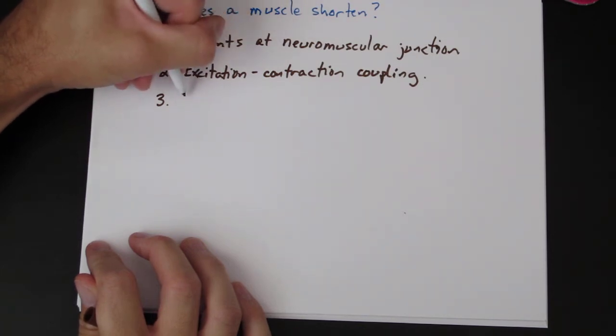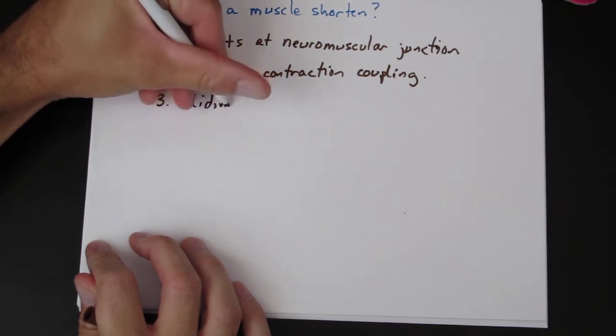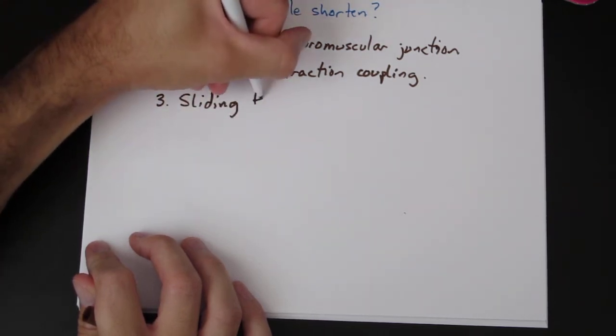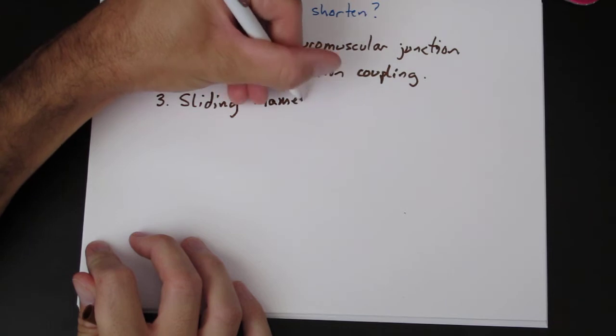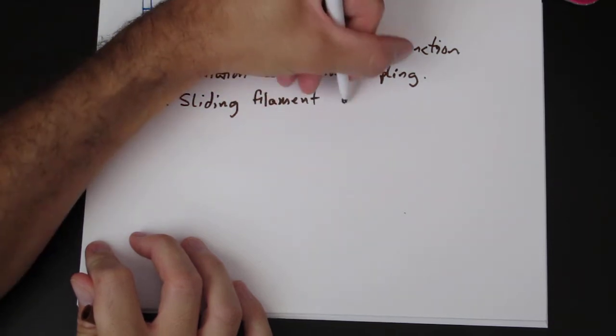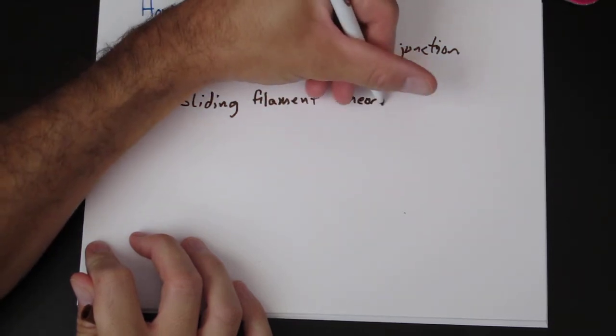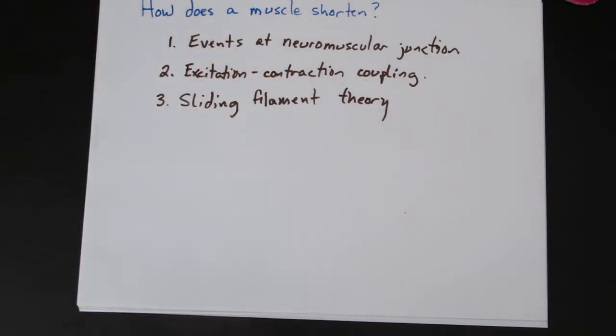Okay, and this is called the sliding filament theory of muscle contraction. All right, so we have these three kind of separate but continuous events that are happening in the muscle that allow it to shorten.